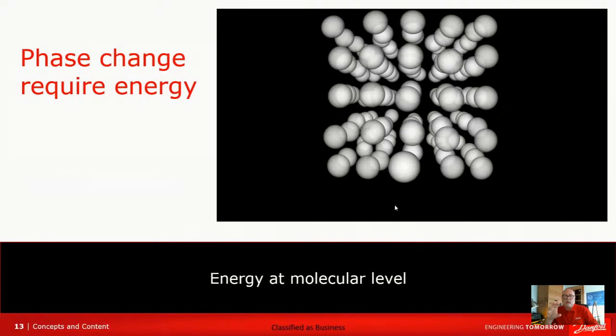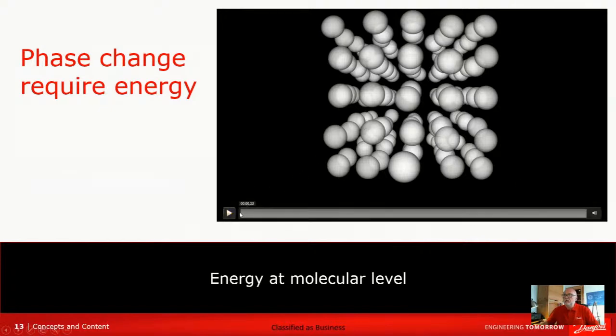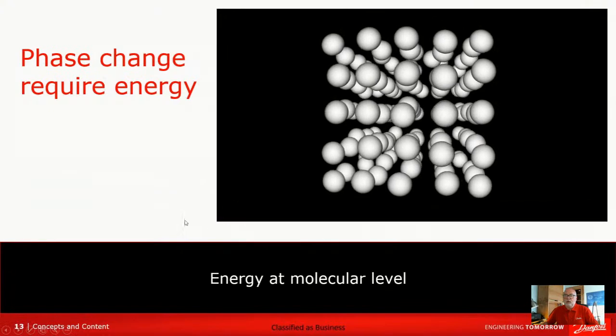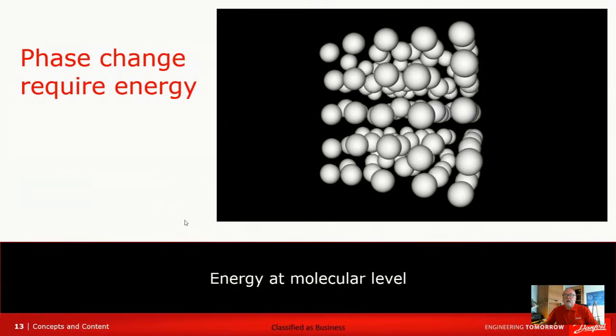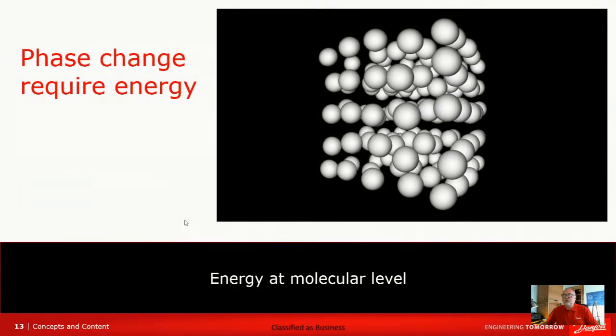And if we zoom in all the way down to the molecular level of H2O, you'll see molecules very neatly ordered. They're shivering slightly.